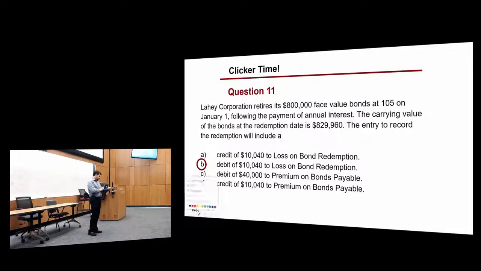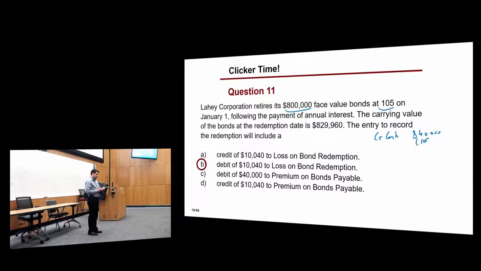So it's before maturity. You have 800,000, that's the face value, at 105. How much is the company going to pay in cash? We are going to credit cash, how much? 840,000.